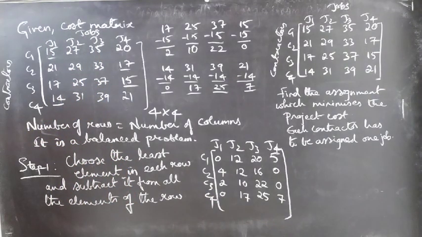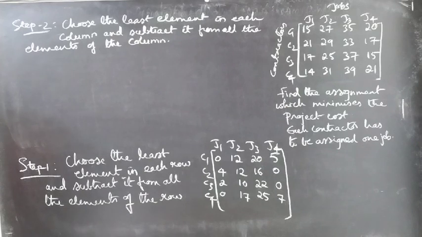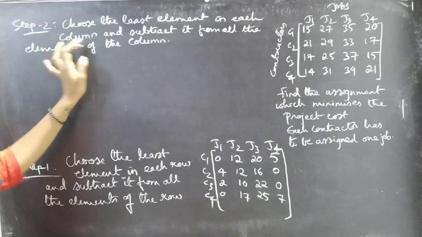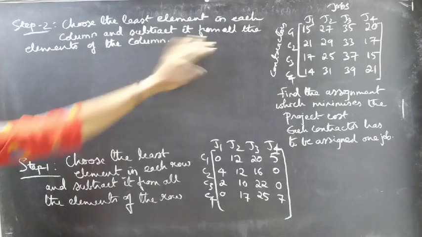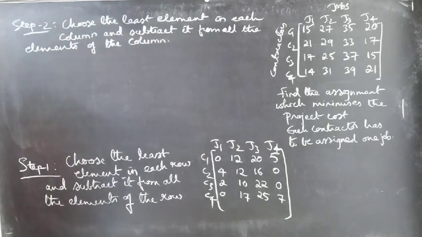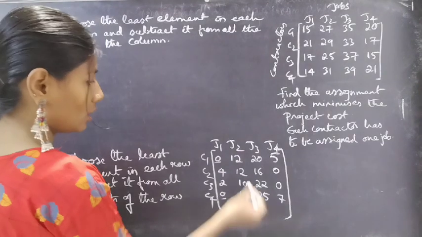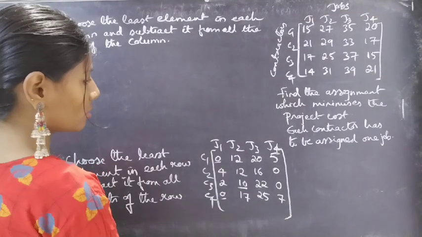Now coming to step 2. In step 2, we'll choose the least element in each column and subtract it from all the elements of the column. Firstly, we'll choose the least element from each column. In the first column, 0 is the least element and we have 2 zeros, right? And here 10 is the least element.